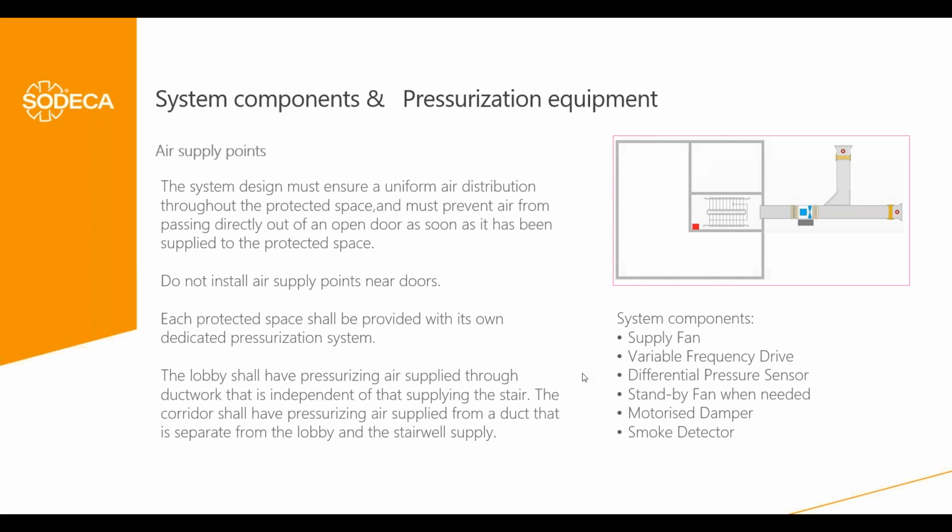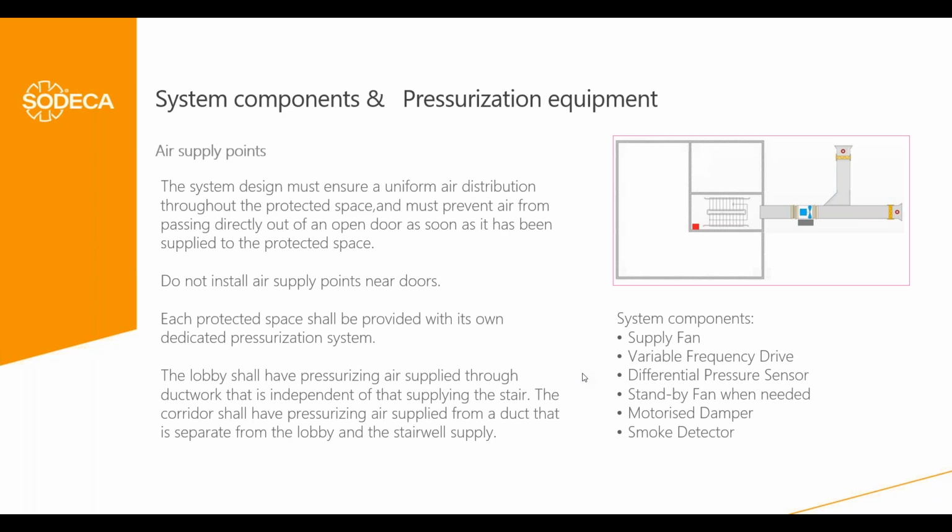So the recommendation in the upper stage was: do not install air supplies near doors, especially the final exit door. There was a requirement of 3 meters away from the final exit door, and to distribute the supply points as uniformly as possible.